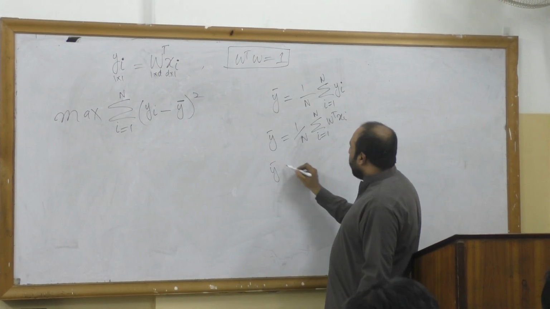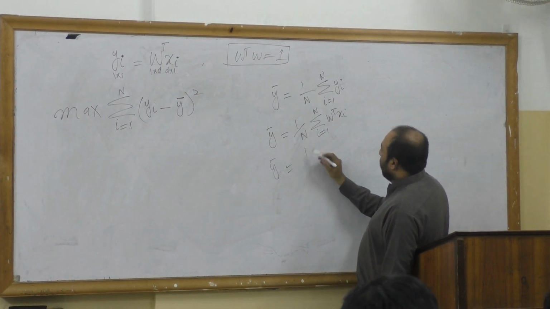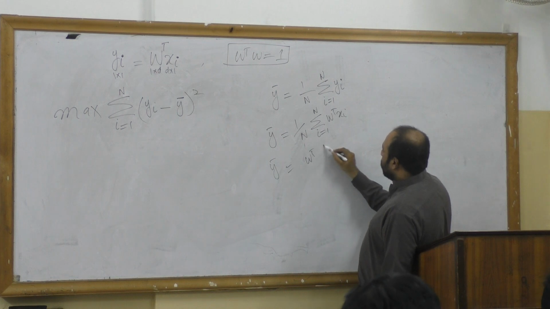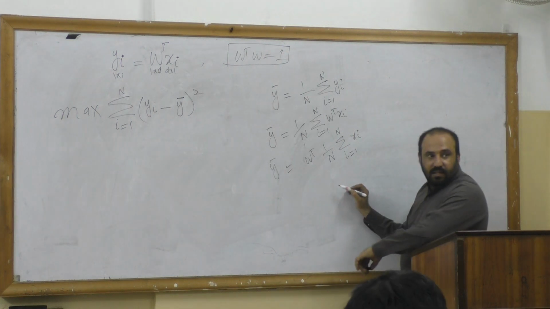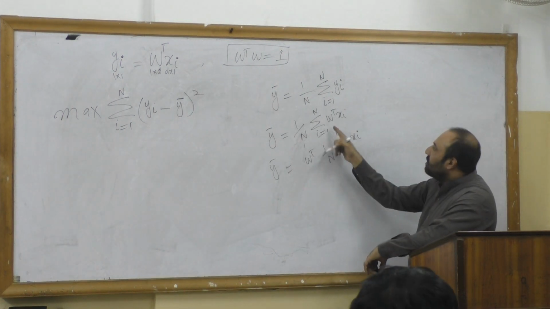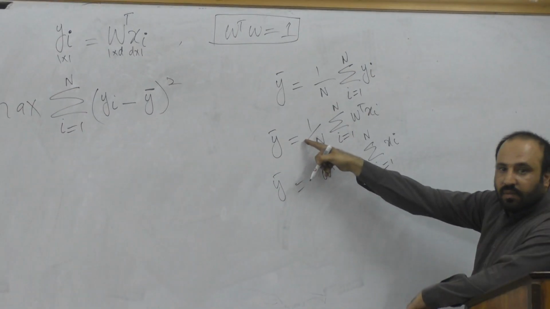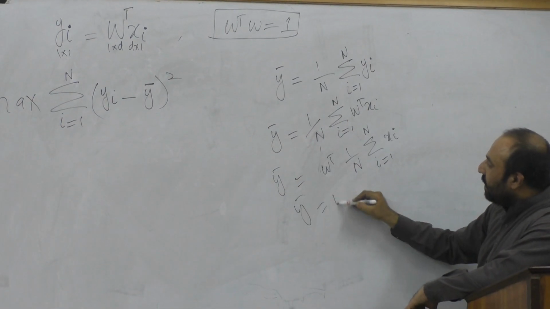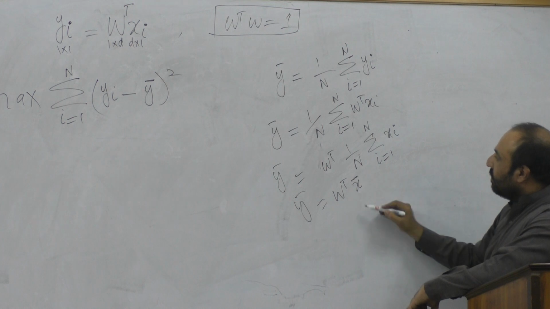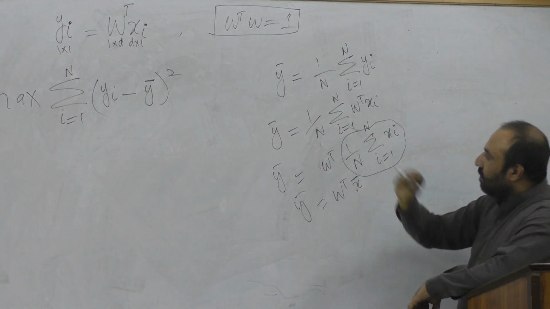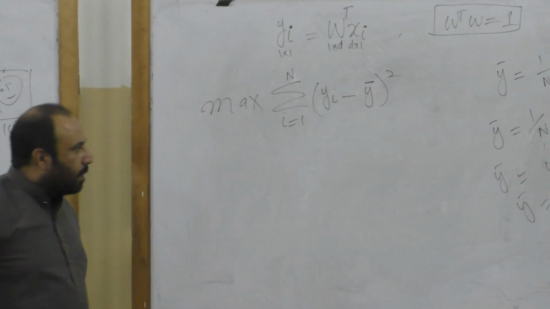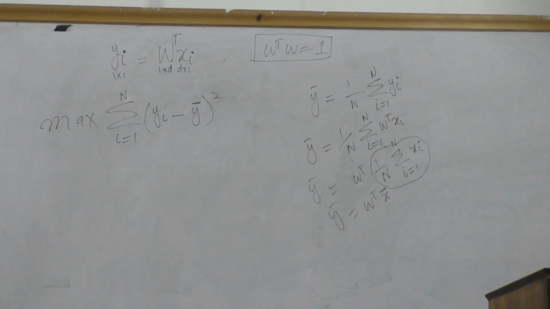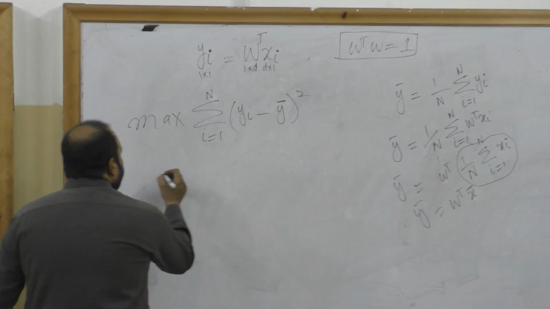Which means this y bar can be written as W transpose 1 over n, i varies from 1 to n, x_i. Yes? This W does not depend upon i, it can go out. Which means this y bar is simply W transpose x bar. Yes. Mean. Yes? Make sense? Okay.